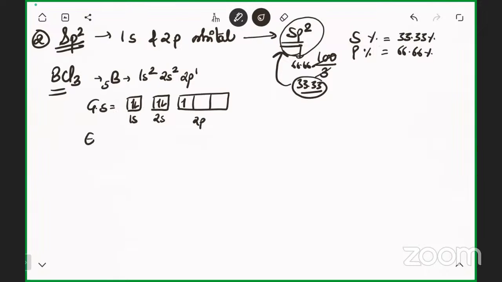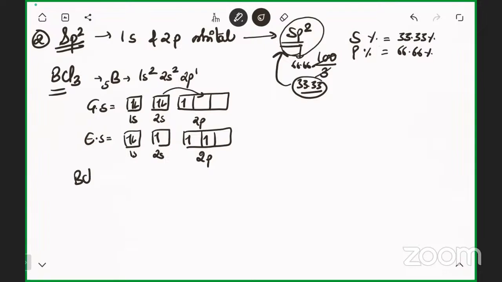What will happen in the excited state? One electron from the 2s will jump into the 2p. This is 1s. 2s now has 1 electron. 2p has 1 electron, and 1 electron which was jumped.